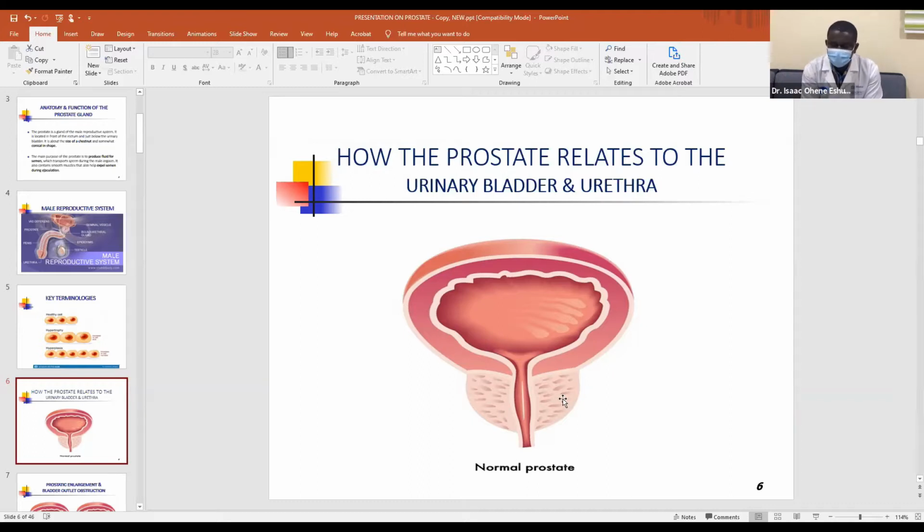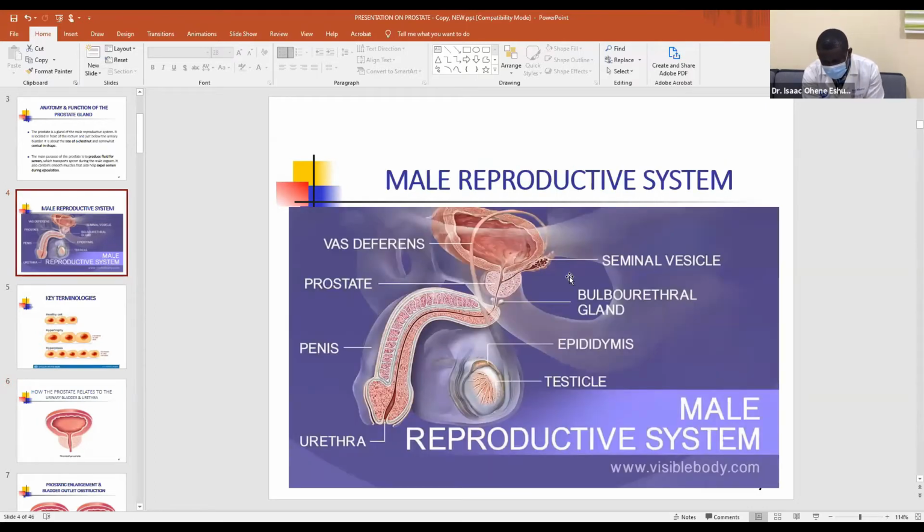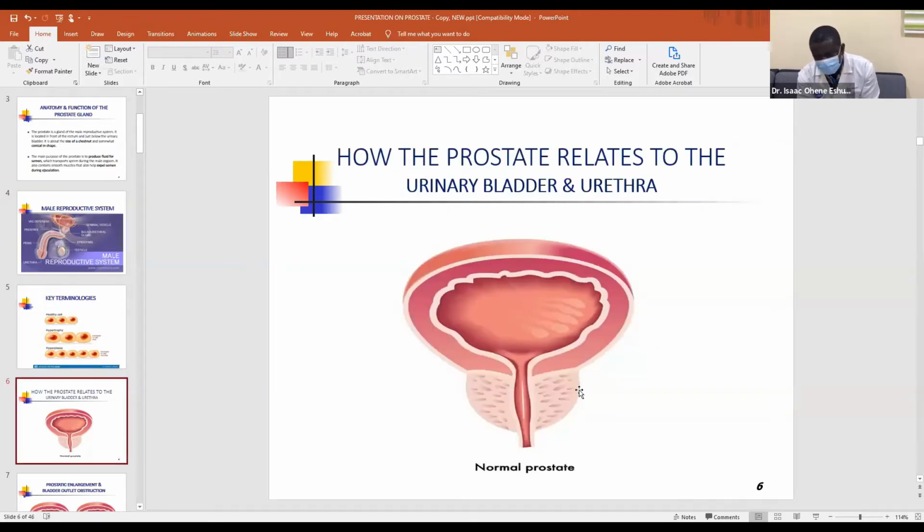This is a cross-section of the bladder and the prostate, and in between, we can see the urethra. This is the prostatic part of the urethra. This tube that you are seeing, if you follow the cursor, that's the prostatic part of the urethra. So that is the relationship of the prostate and the urethra.